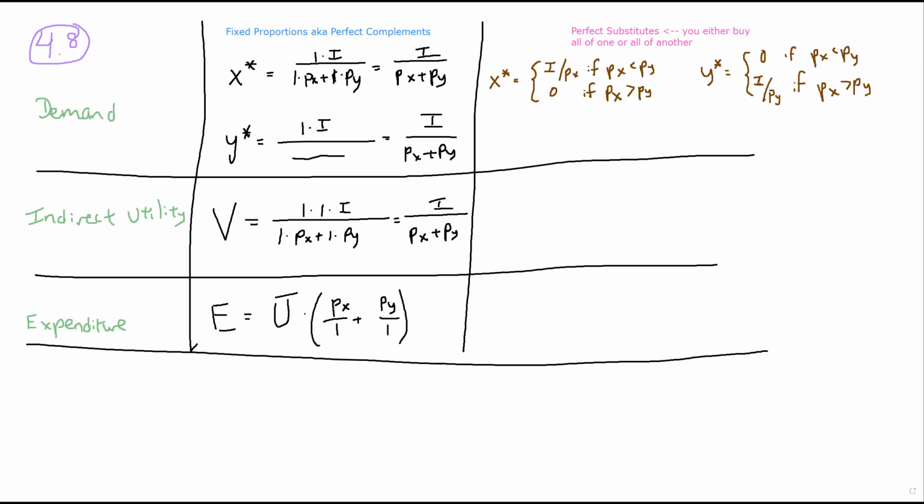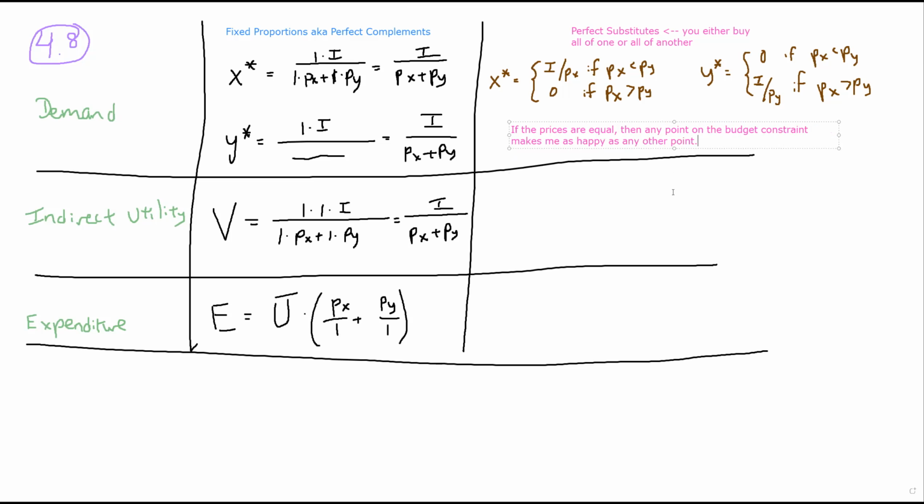And then there's one small caveat here: if the prices are equal, then anywhere on the budget constraint makes me equally happy. Any point makes me as happy as any other point.